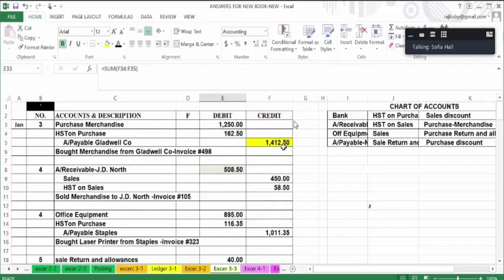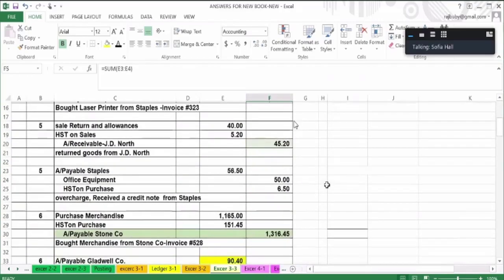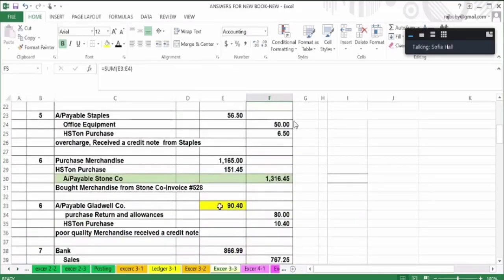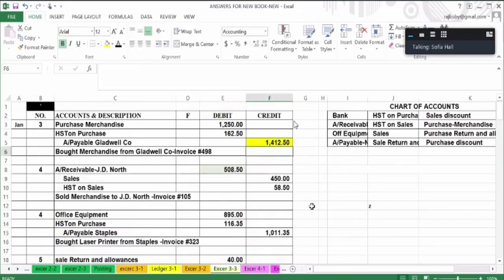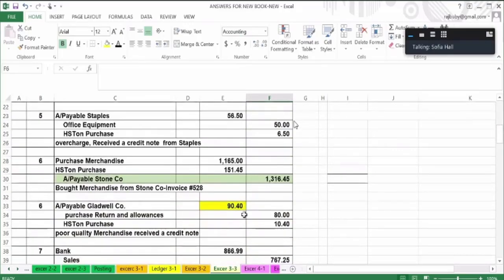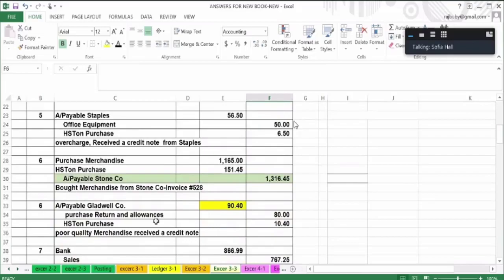This is the original invoice. Then we return something here. In that case, we are going to pay this minus this amount because we return, right?